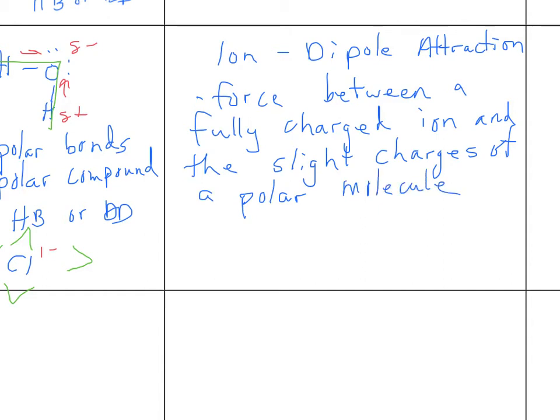The definition of an ion dipole is the force of attraction between a fully charged ion and the slight or partial charges of a polar molecule. In terms of strengths, it is not as strong as an ionic force, but stronger than hydrogen bonds.